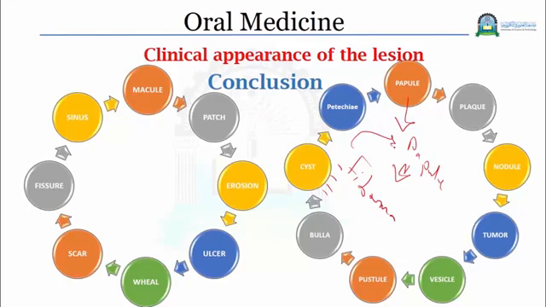The second example is the fissure. If you find by clinical examination a fissure in the patient's lip, you will write in your case sheet, in the part of the clinical examination of the lips, that there is a fissure. When you move to the differential diagnosis of the fissure, you will mention what are the lesions that present as a fissure.